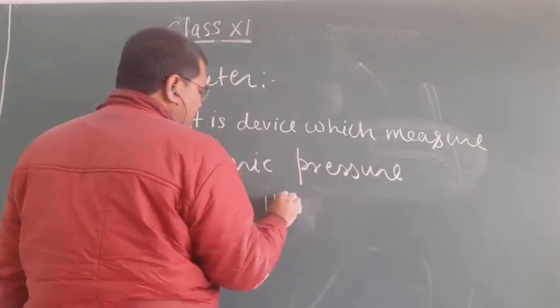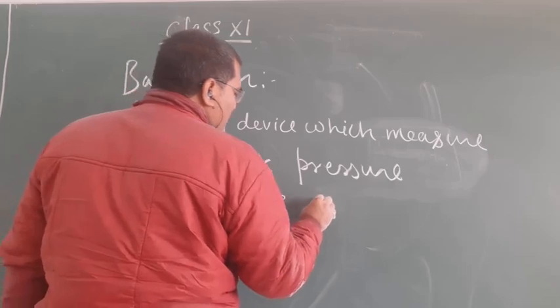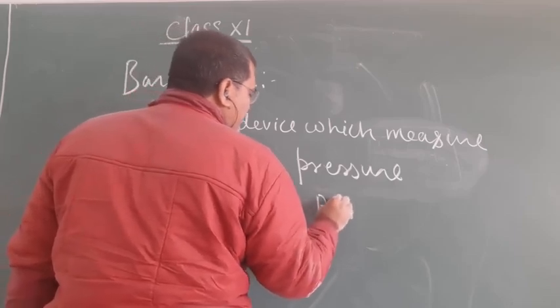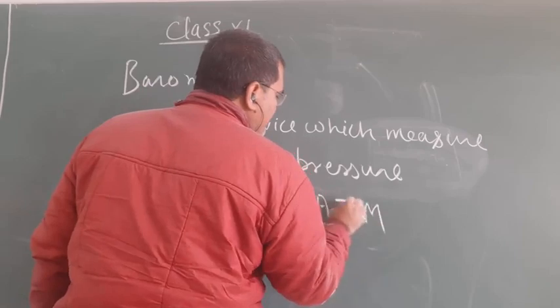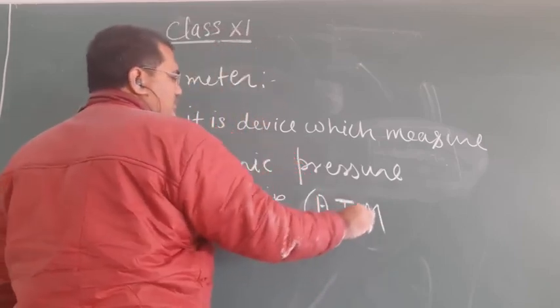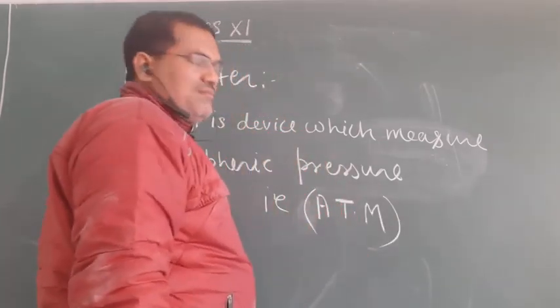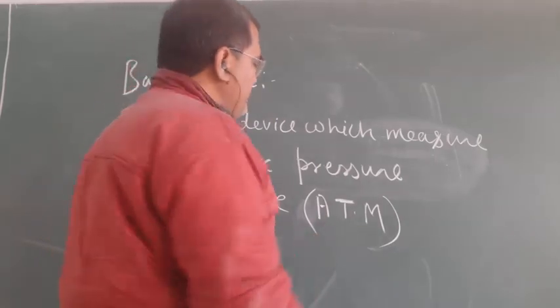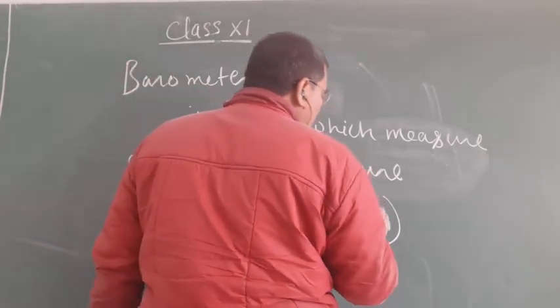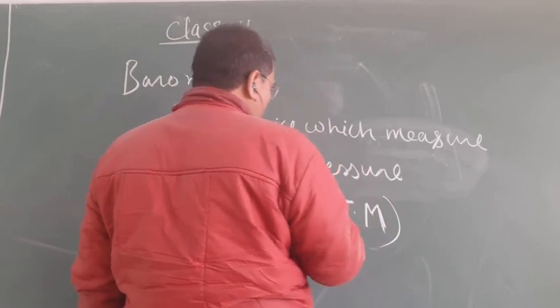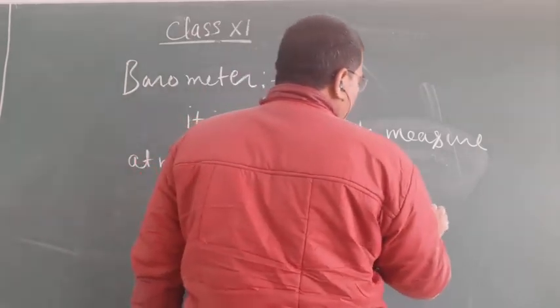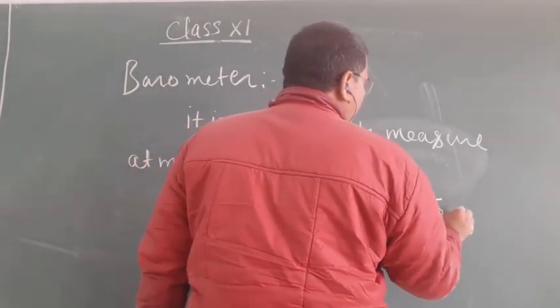That is ATM. What is ATM? Atmospheric pressure. This is the unit of atmospheric pressure. 1 atm is equal to 10 to the power 5 Pascal.